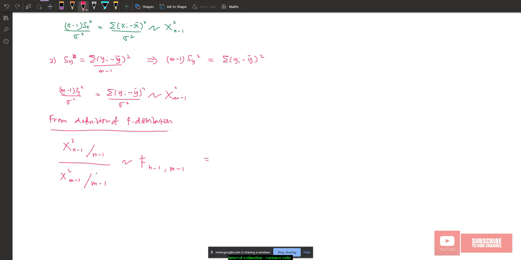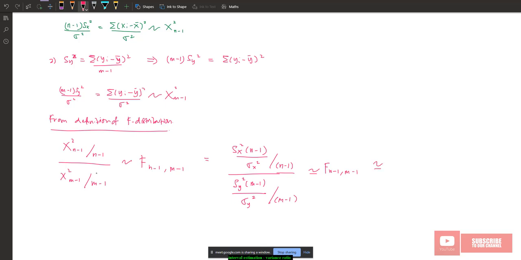So let's put this equation together. We have sx squared over sigma x squared, n minus 1 divided by its degrees of freedom, over sy squared over sigma y squared, m minus 1 divided by its degrees of freedom. We will get the same thing, and this is also equal to the F distribution with n minus 1, m minus 1.